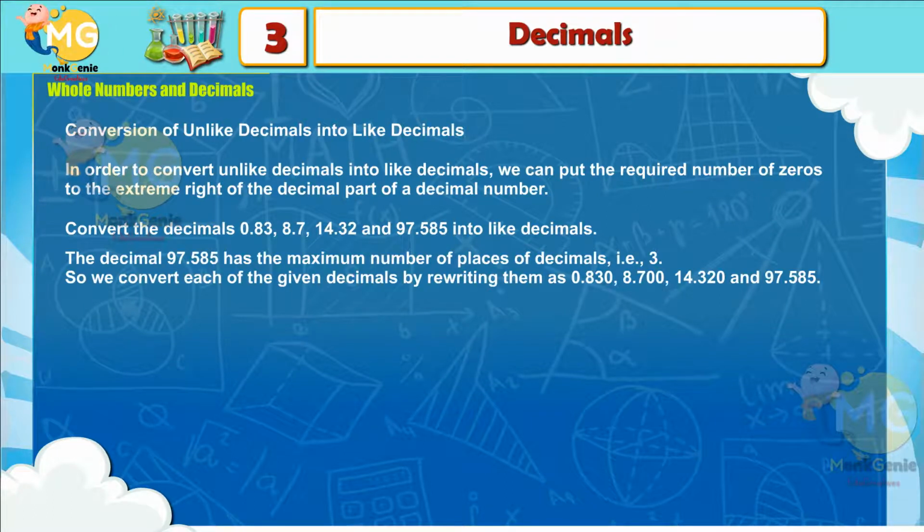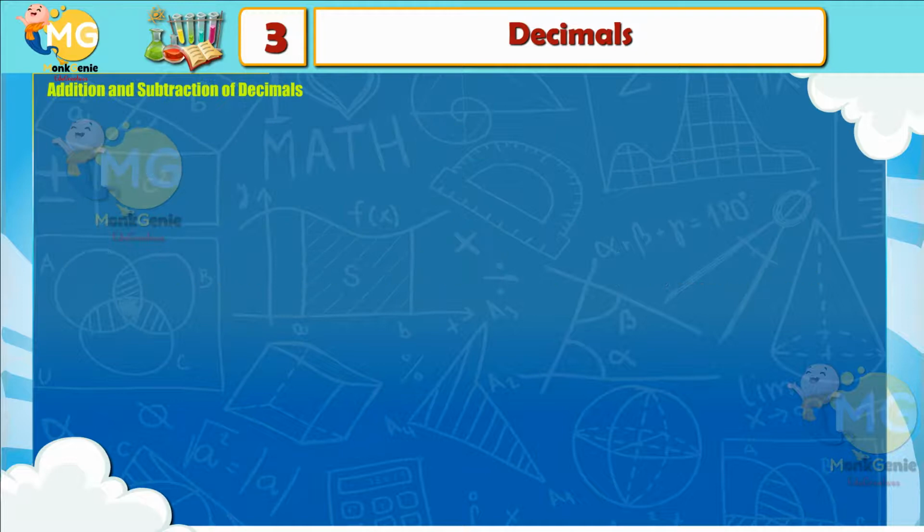The decimal 97.585 has the maximum number of places of decimals, that is 3. So, we convert each of the given decimals by rewriting them as 0.830, 8.700, 14.320 and 97.585.